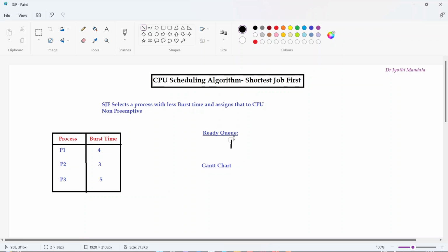All 3 processes have arrived. Let us consider P1 has arrived, and P2 has also arrived, and P3 has also arrived.